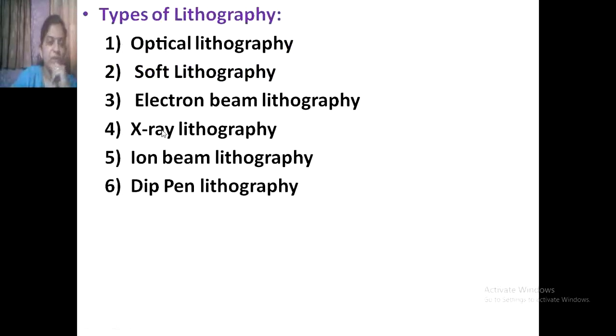Then here we have listed the types of lithography, according to where they are used. First is optical lithography: when we are producing an optical MEMS device, optical lithography is used in that fabrication process.